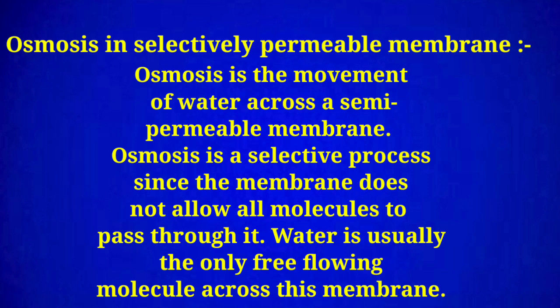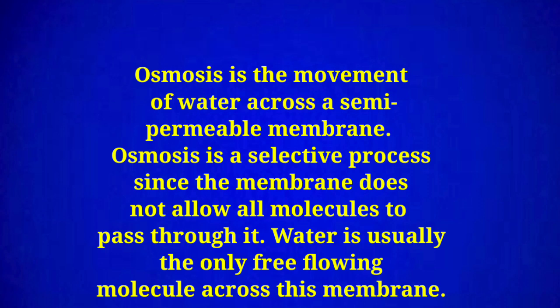Osmosis and the selectively permeable membrane. Osmosis is the movement of water across a semi-permeable membrane. Osmosis is a selective process since the membrane does not allow all molecules to pass through it.